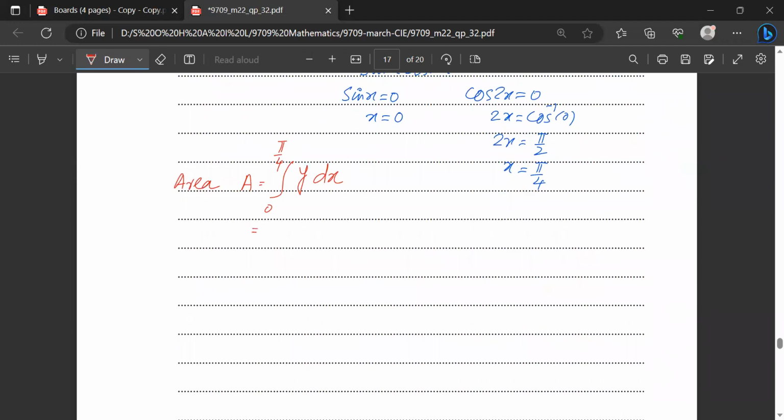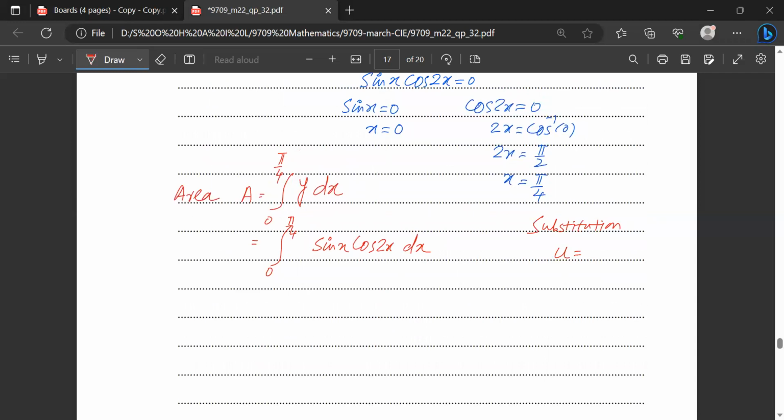Here, from 0 to pi over 4, y is sine of x cos of 2x dx, and the substitution is u equals cos of x. So first we need to remove this angle 2x.